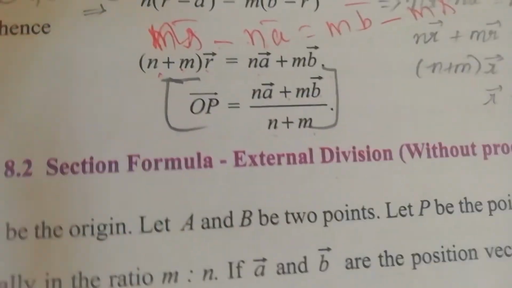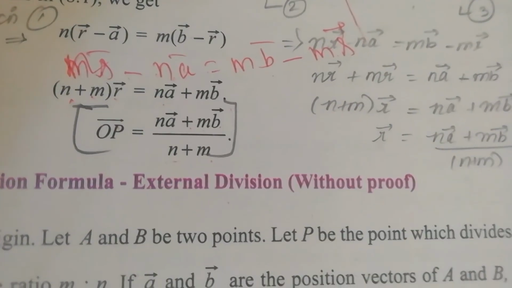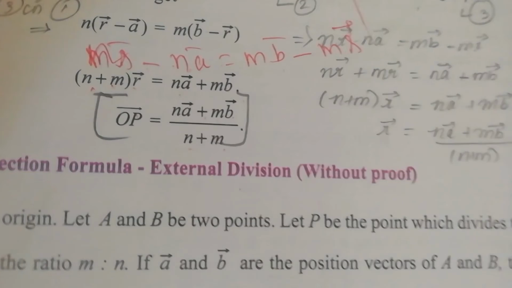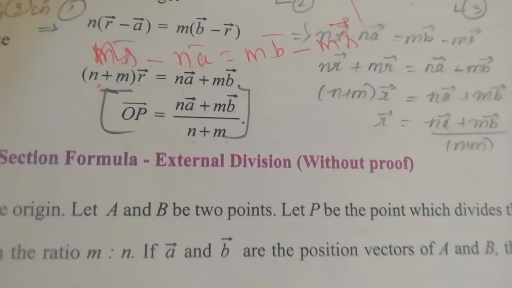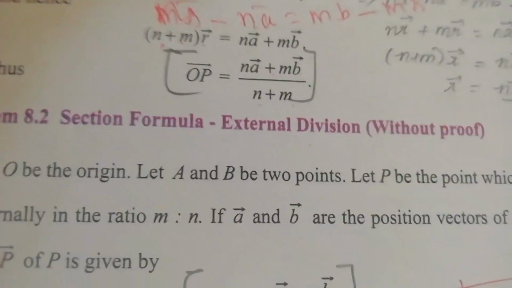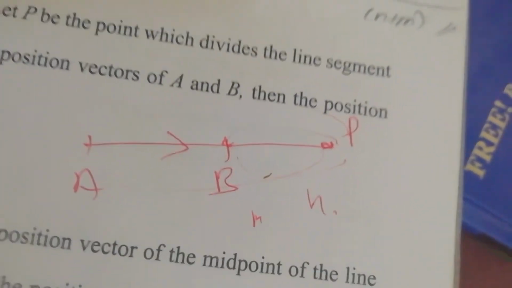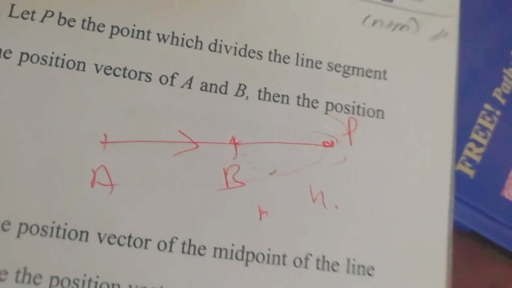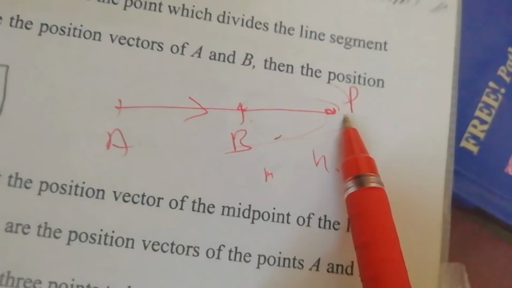See, next the section formula, internal division. Without proof, that proof is not necessary, but for internal division you know how to get the result. Proof you know very well, but for the section formula of external division, that proof is not necessary. P is dividing outside of the AB, that means the point is on the outer side.